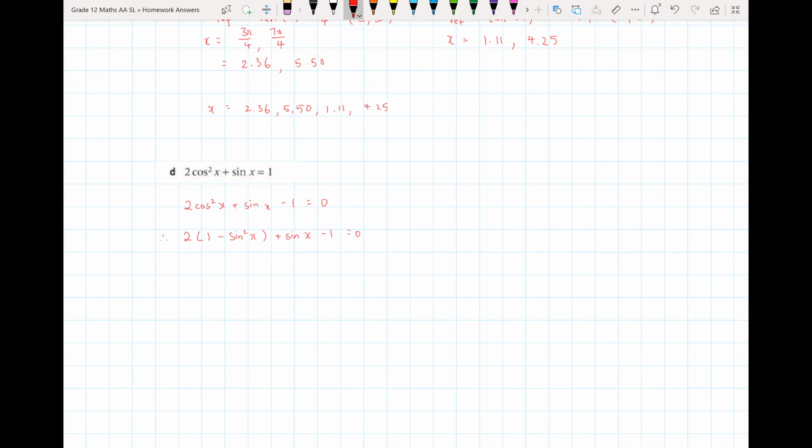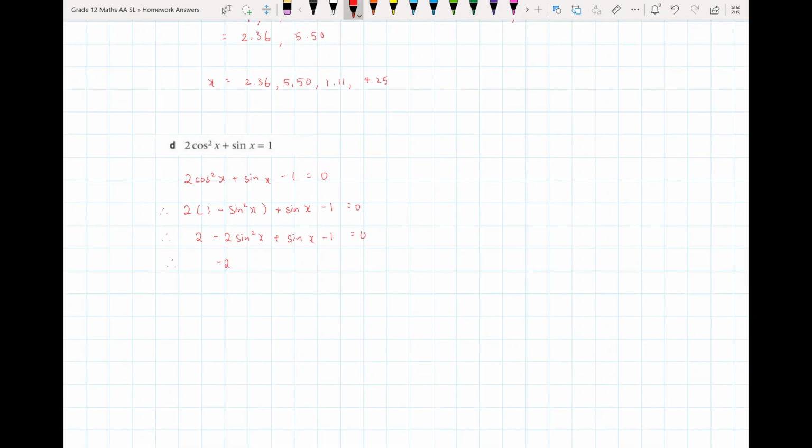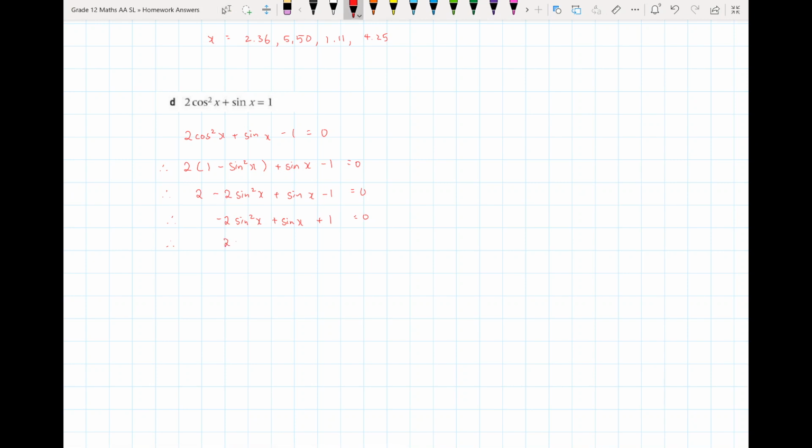So then let's do a bit of simplification and collecting like terms. Now I don't like the negative in the front, so what I'm going to do is multiply everything by -1. So in effect, I'm switching all the positive and negatives. And then now I can factor this.